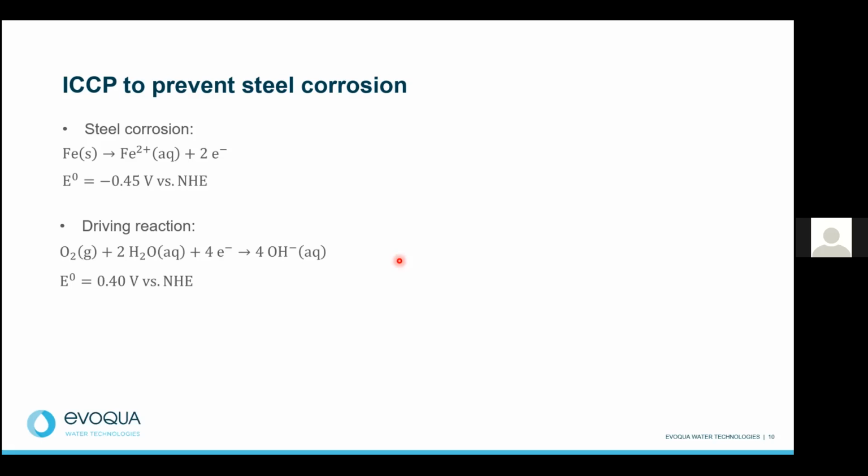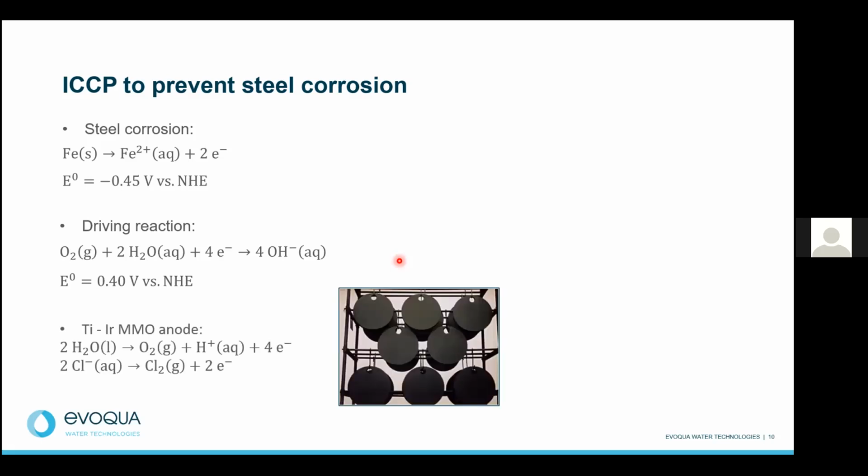Now, what is actually done in ICCP is that the structure is hooked up once again to a titanium-based mixed metal oxide anode or some other anode. And then a current is impressed by using an external power source. And in this way, you basically turn the steel structure into a giant cathode.